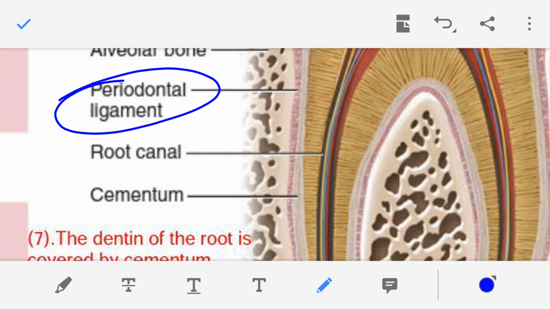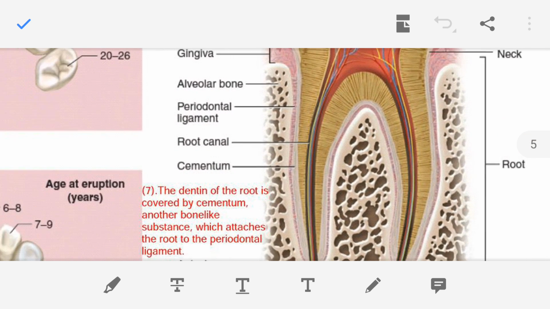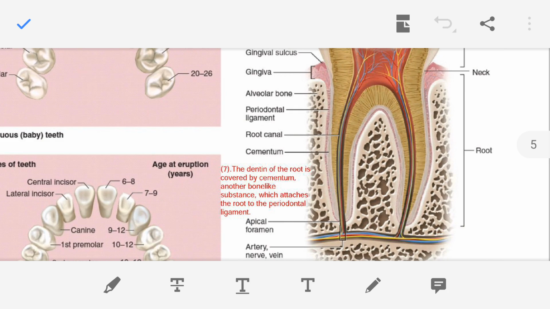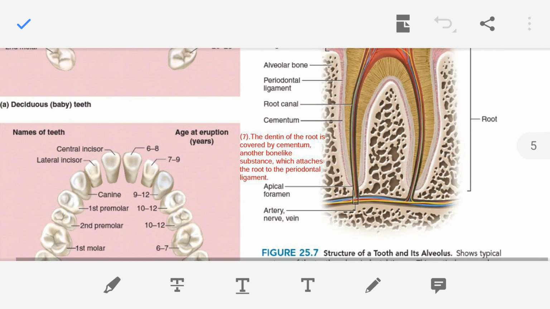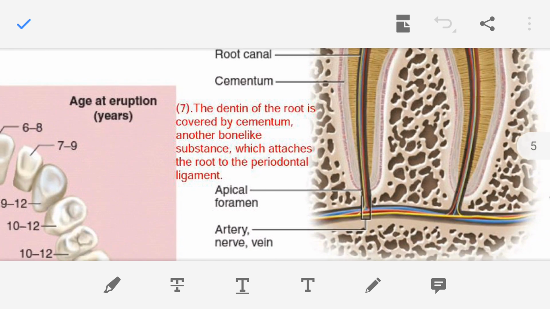Here it is clearly visible: this is the dentine, this is the cementum, and this is the periodontal ligament. So we can say between the dentine and the periodontal ligament of the root, the cementum is present, and cementum is the bone-like substance.